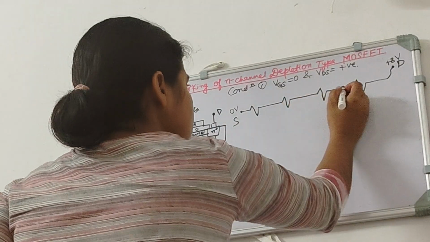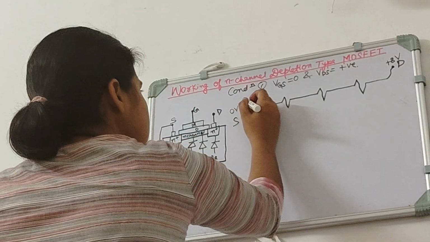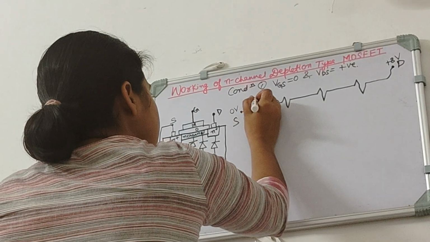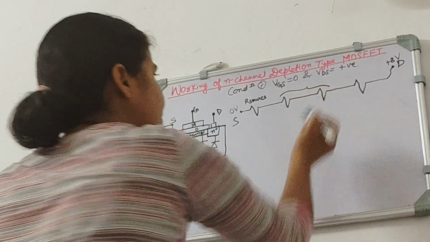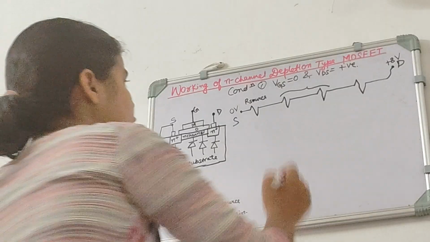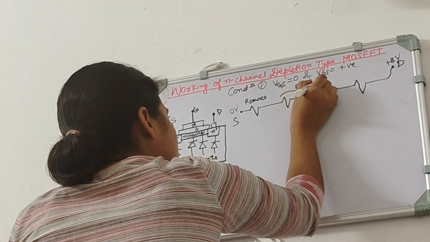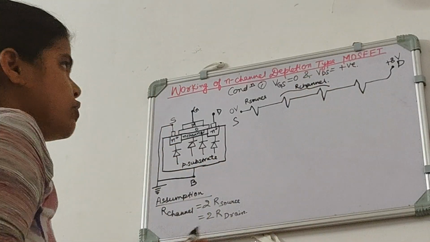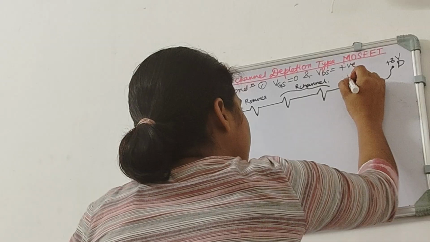Now this resistance is our source, and these two resistances combined together will form our channel, because according to our assumption our channel equals twice our source and twice our drain, and this is our drain.